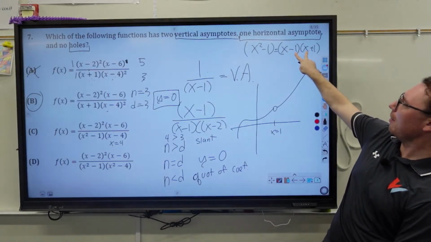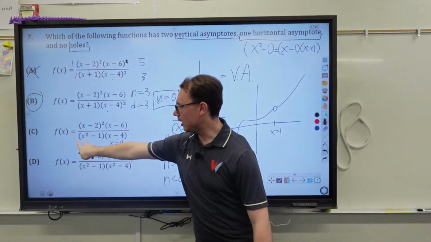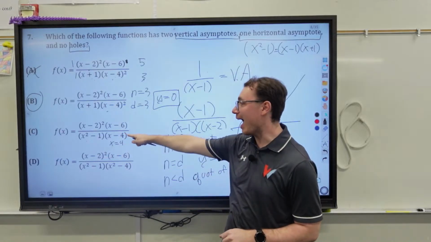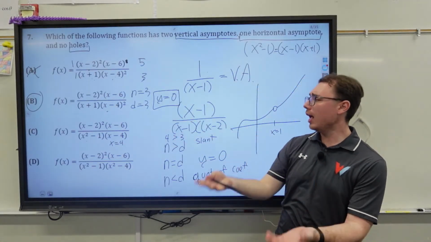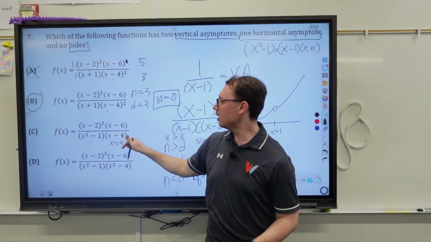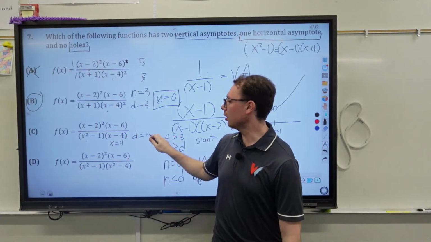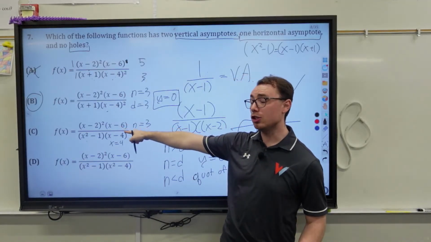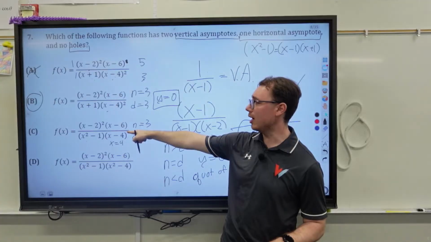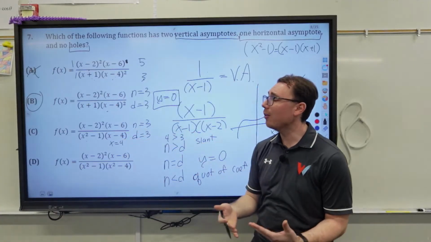So we take those binomials and place them down here. For part C, it actually has 3 vertical asymptotes, no holes, and since it has 3 vertical asymptotes, the degree of the denominator is equal to 3. The degree of the numerator is also equal to 3.